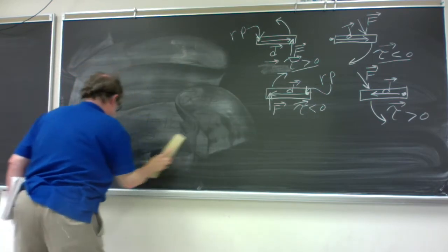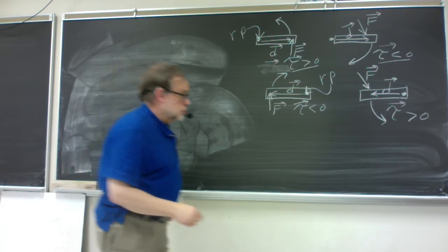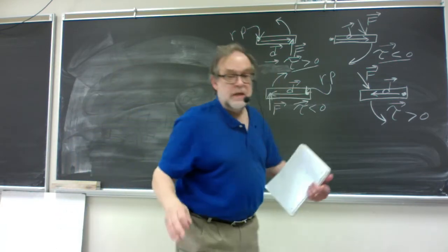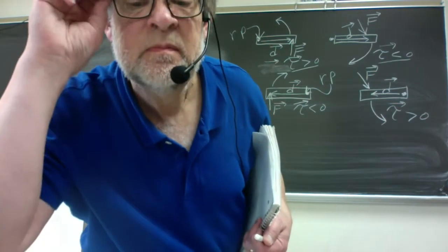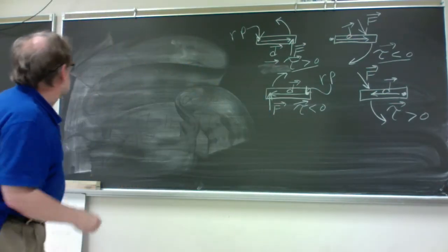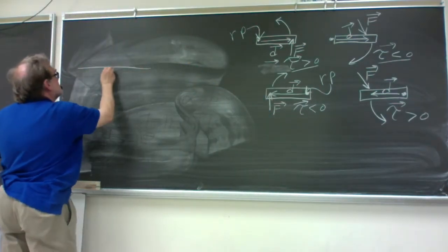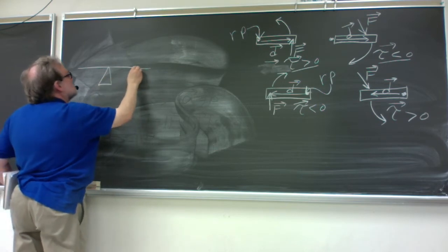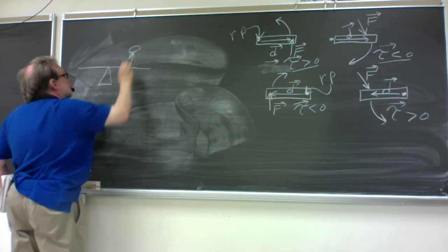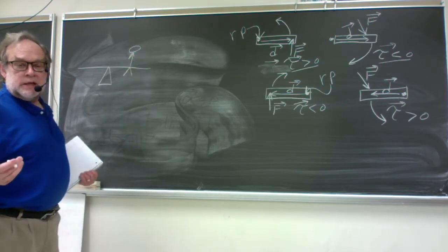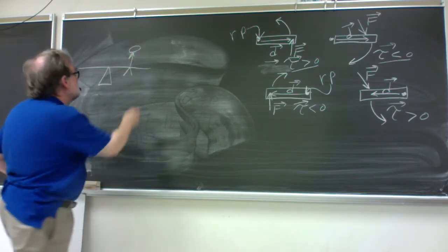So imagine two little kids on a seesaw, and imagine that the seesaw is balanced. So one kid out here, and the mass of that kid, let's say, is 30 kilograms.